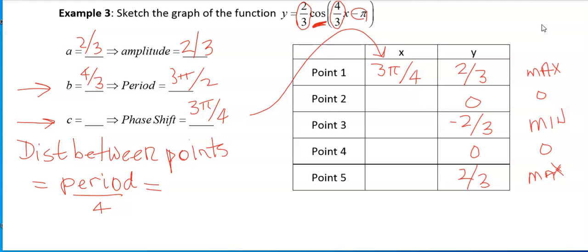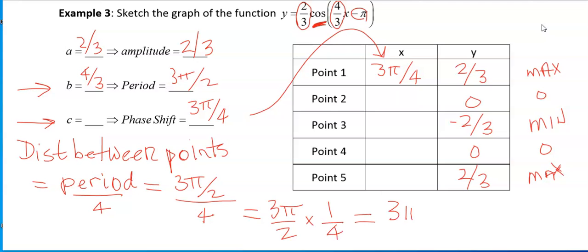So the period is 3 pi over 2, and you're going to divide that by 4, which is the same thing as multiplying 3 pi over 2 by the reciprocal, 1 over 4. And look what you get. Ta-da! 3 pi over 8.